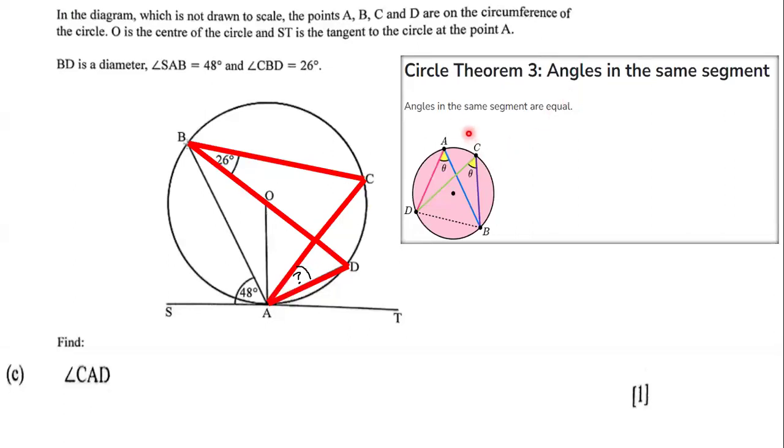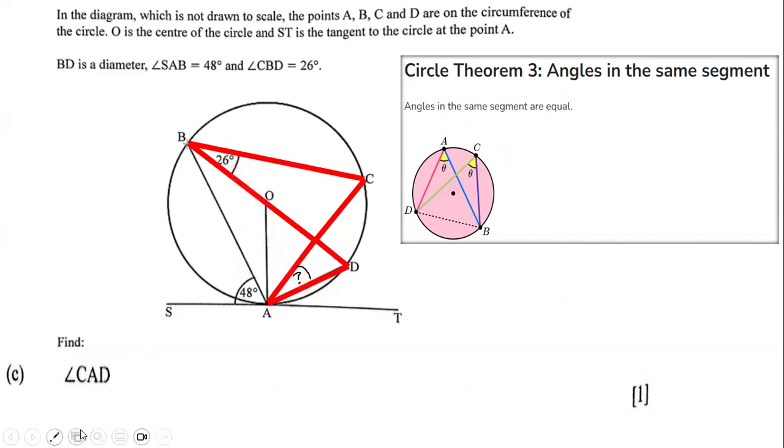The idea here is that angles in the same segment are equal. If this is theta, because this line separates the circle into two segments, then these two angles are in the same segment, so they are equal. Similarly, these two angles are in the same segment, so they are equal. That's the bow tie rule.